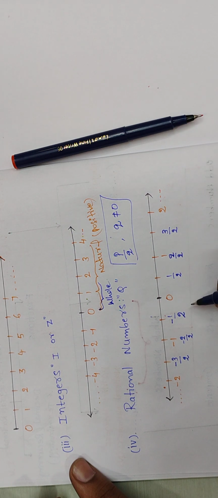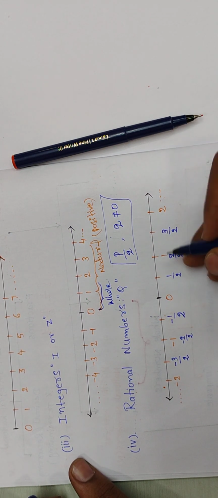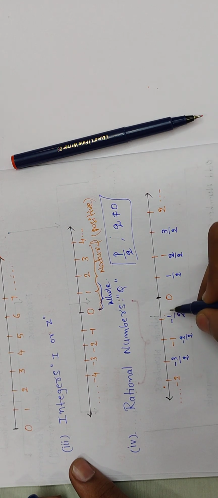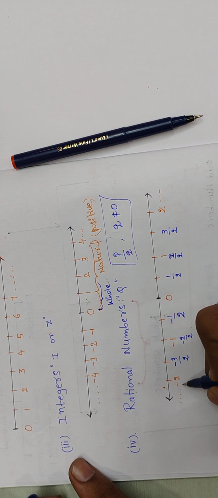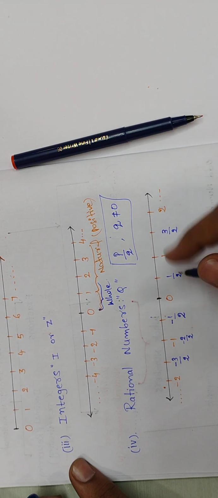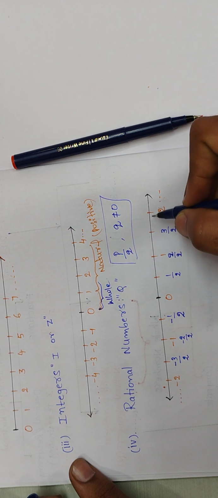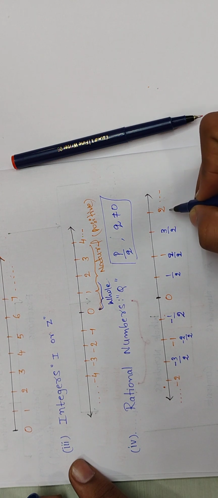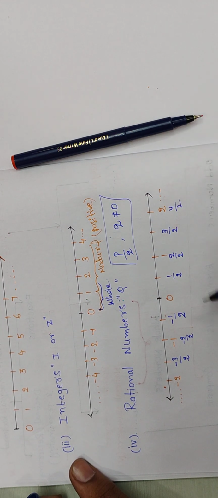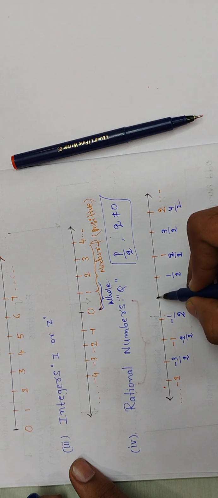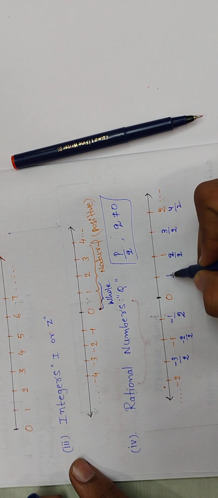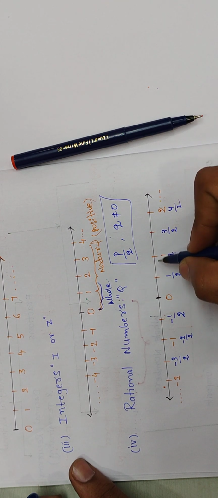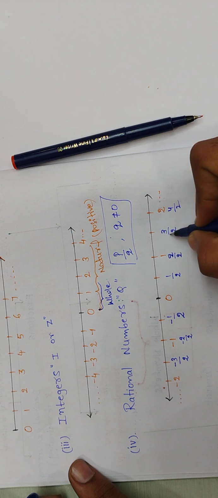First draw a number line, the integer line: 0, 1, 2 on this side and -1, -2 on the left side. If we divide 0 to 1 and 1 to 2 into 2 parts each, we get 1 by 2, 2 by 2, 3 by 2, and 4 by 2. 1 by 2 is half of the distance between 0 and 1, and 3 by 2 is here.